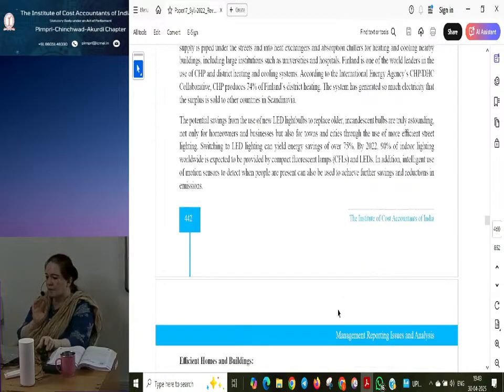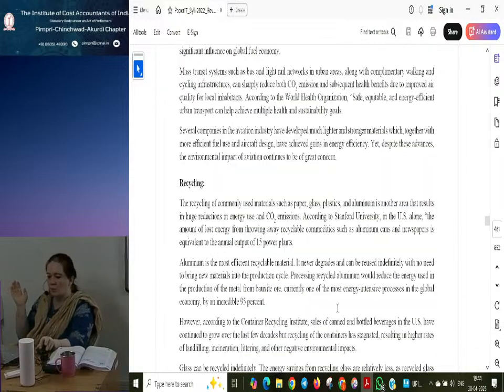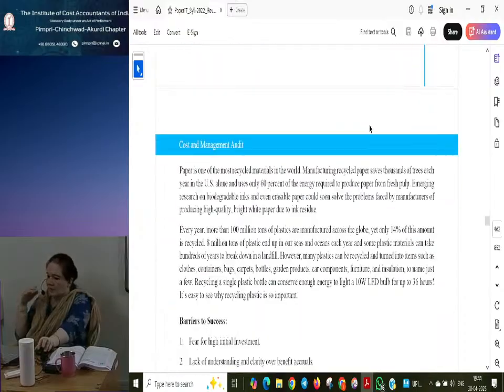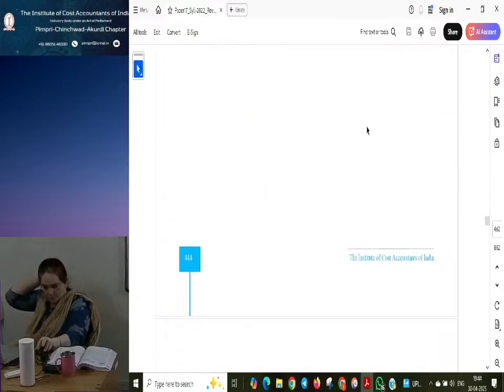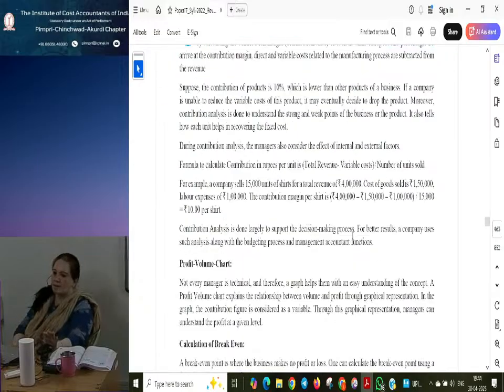Fine. So energy is not something you can totally ignore. It is an important part of the manufacturing industry and even for the service industries. And then moving on to key cost and contribution analysis.